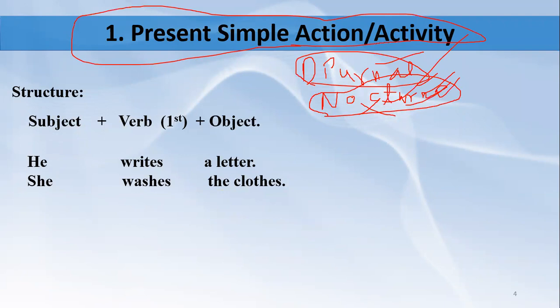So these are the nocturnal activities which we do during the night time. So we use the present simple tense for our diurnal and nocturnal activities. Clear so far?